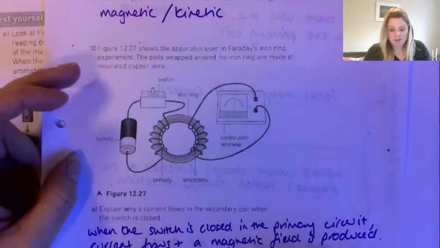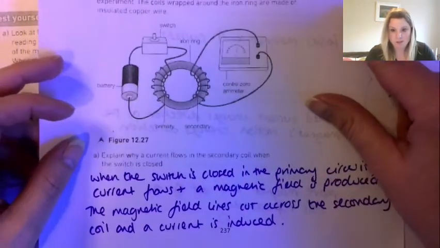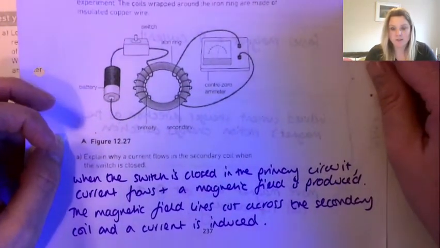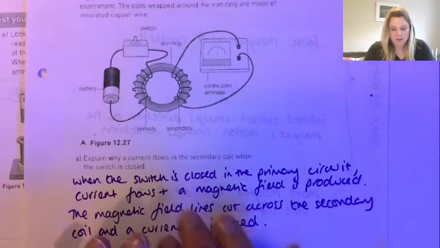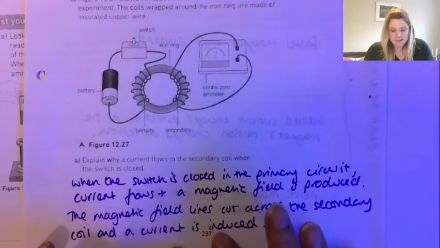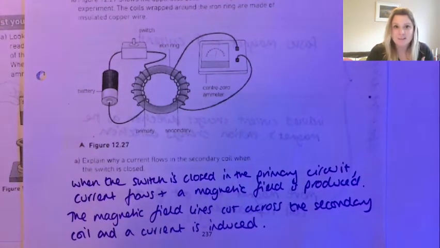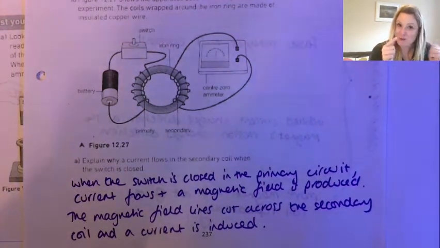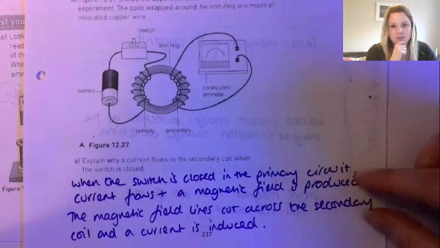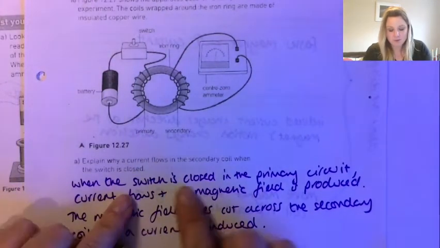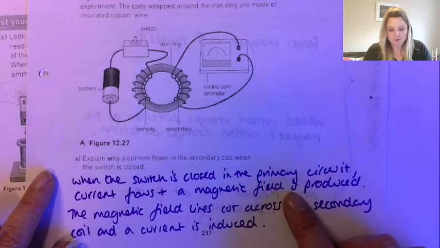Question 10. We've got Faraday's ring experiment set up here. Part A asks us to explain why a current flows in the secondary coil when the switch is closed. Generally, I write these answers so that it's easy for you to check them, but I wasn't able to keep these short. When the switch is closed in the primary circuit, current flows and a magnetic field is produced.